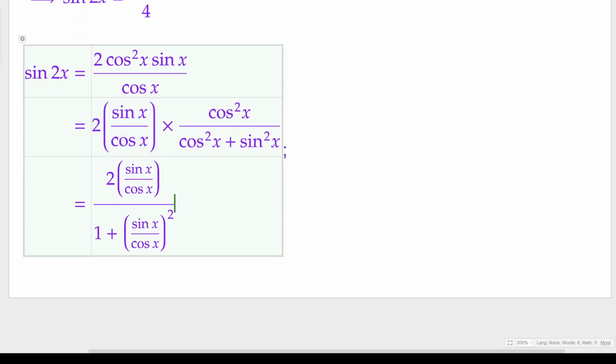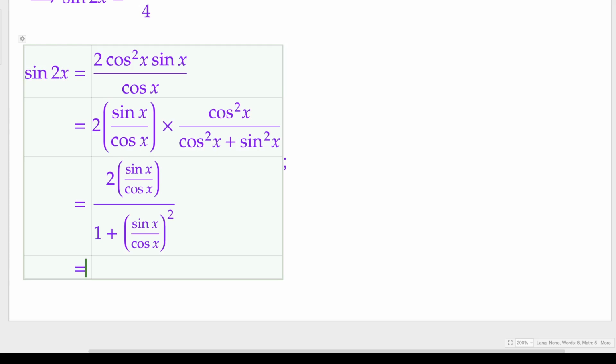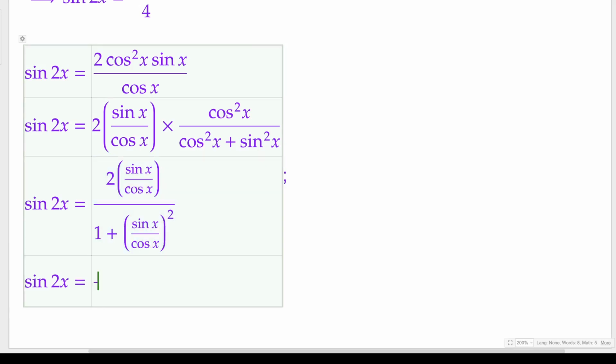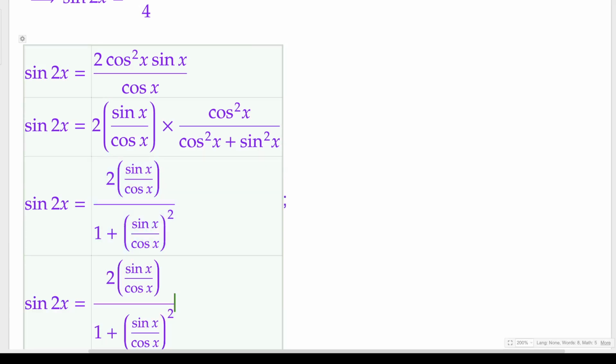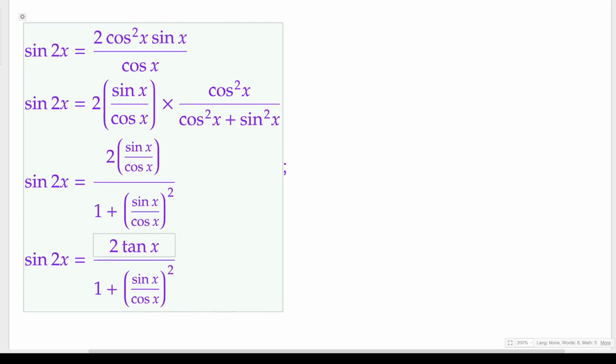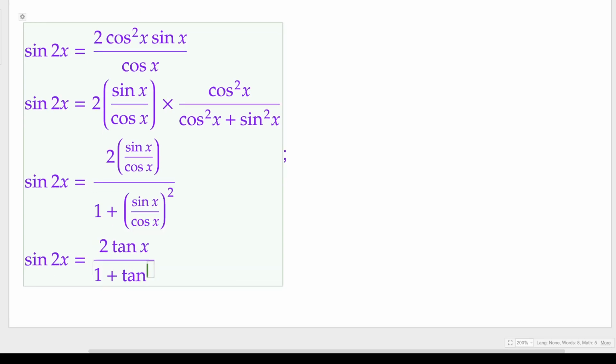So we can clearly write that sin 2x would be equal to, replacing these places by tan x, 2 times tan x over 1 plus tan squared x.